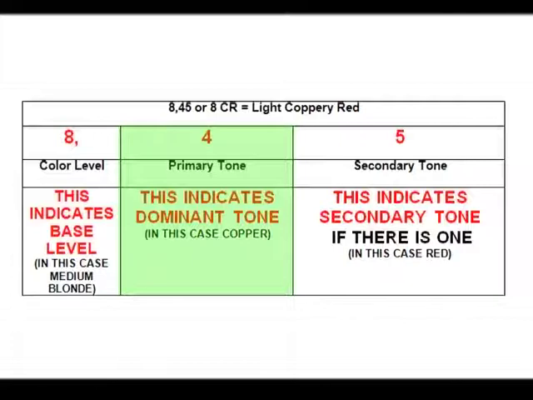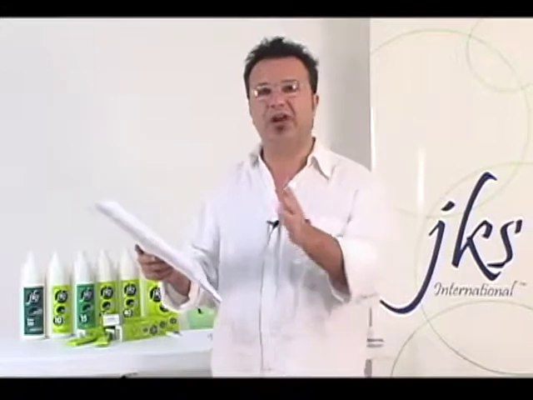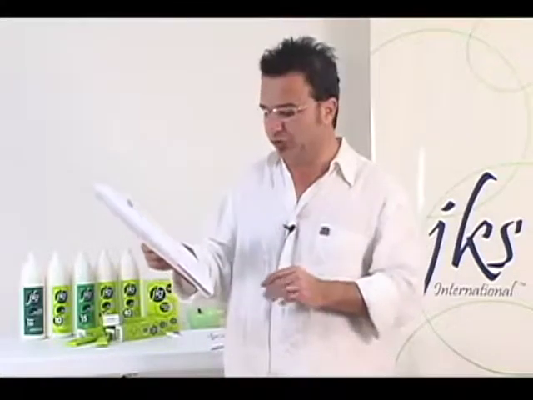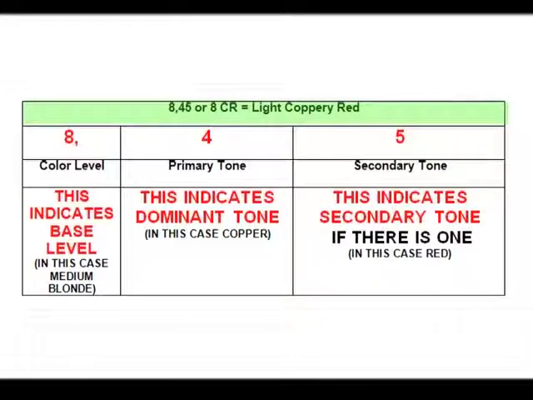And if there were another digit right next to it or an alphabet, that would be the secondary tone. So remember, the last number on the line is the least amount within the tube. So 8.45 would be light coppery red blonde. Now, with that given, we can use the alphabet with that, which is 8, C for copper, R for red.